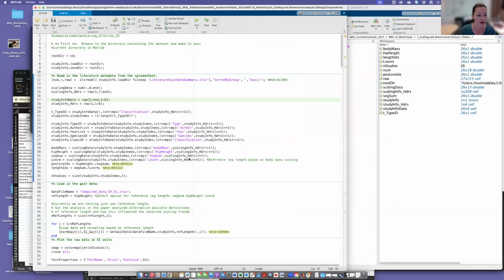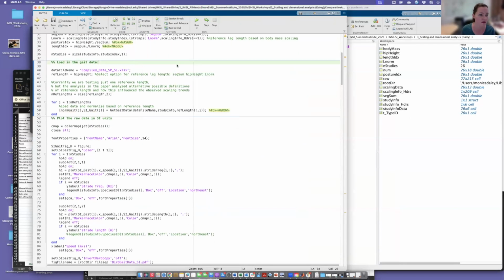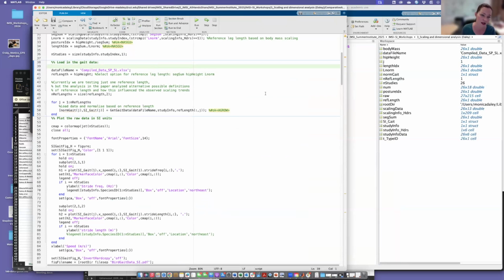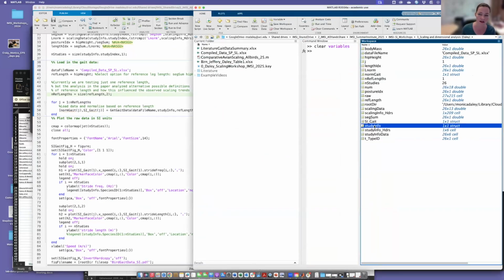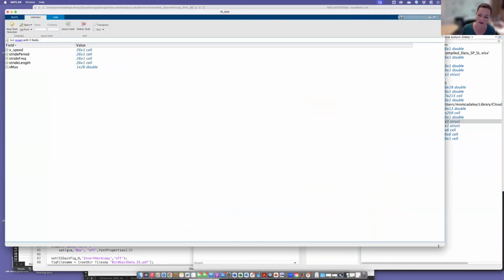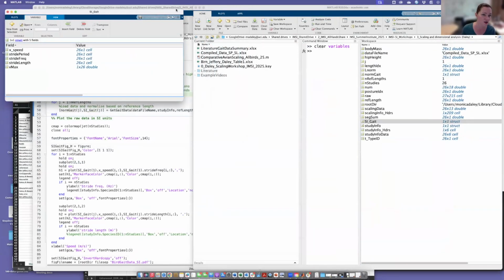And then we're going to load in the individual gait data sets from our spreadsheet here. And that will take a minute because it's big, but once you have that, you have even more data in your workspace.